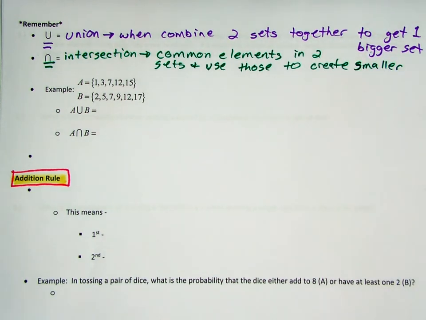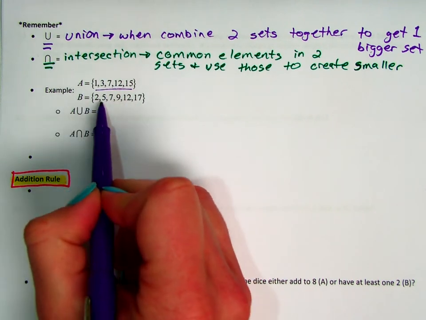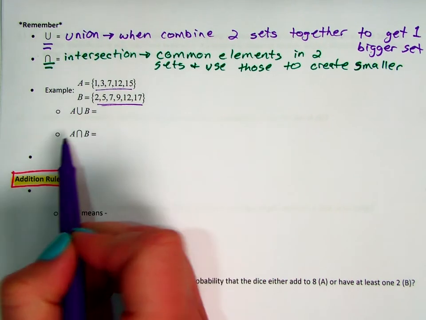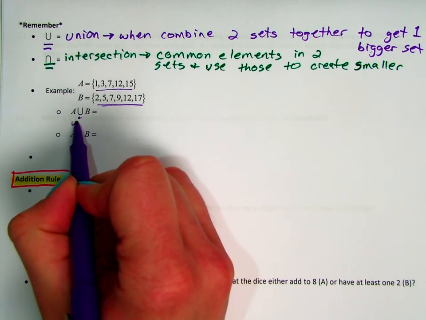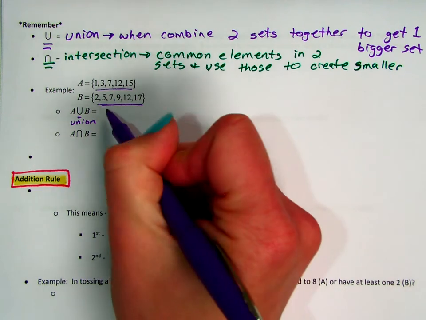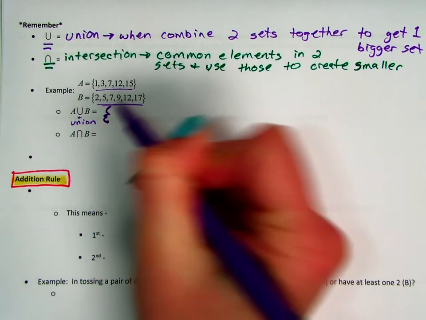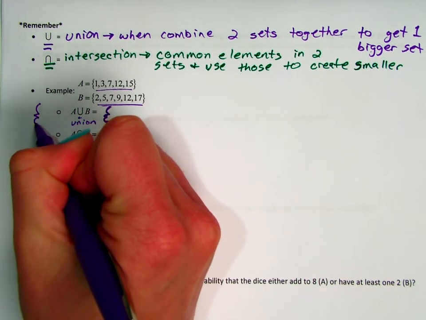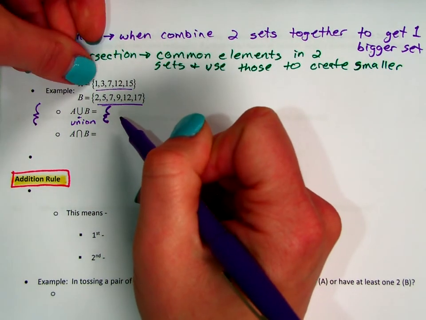So let's look at this example here. We have a set A, and these are all the elements in A. We have a set B, and these are all the elements in B. Now remember, this one here stands for union, so we're just going to combine them together. When you combine them together, they have to be in order numerically from smallest to biggest. So remember there's this loop to create this set notation.